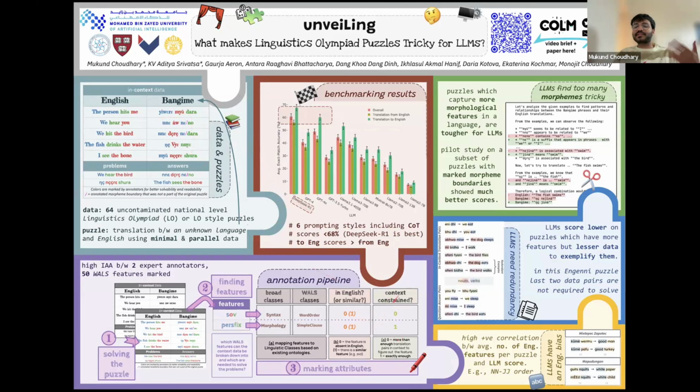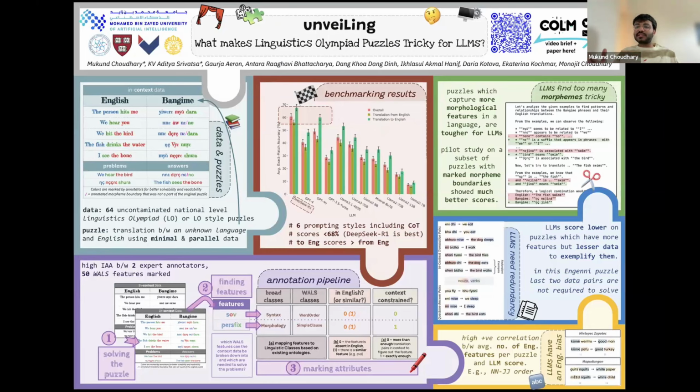It's not context constrained. But for the prefix, there are exactly 2 examples, which is the bare minimum you need to understand what's happening with the prefix. So it is very context constrained. So we annotate for context redundancy, whether the feature is present in English or not, and what kind of feature it is: syntactic, morphological, and so on.